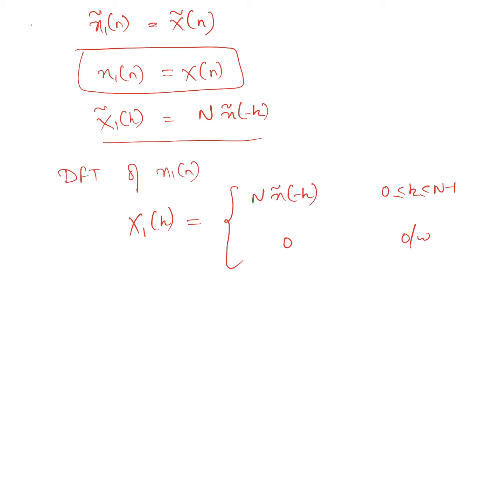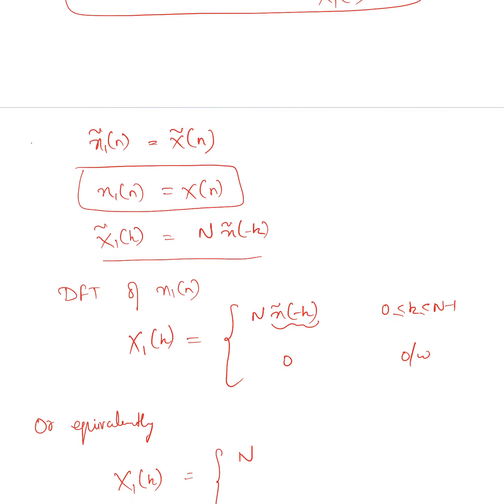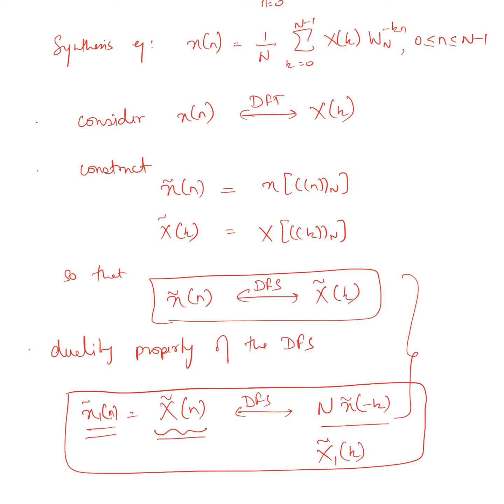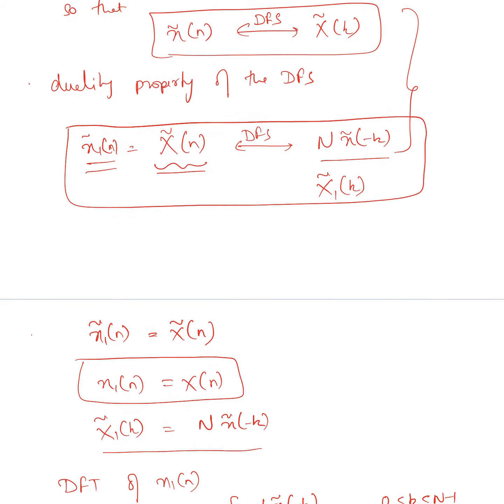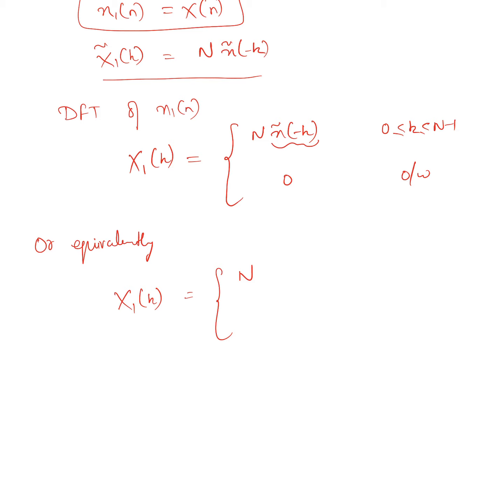Or equivalently, I can write my X1 of k as equal to N, representing this using the modulo notation, as N x of minus k modulo N for k lying between 0 to N minus 1, otherwise it is 0.